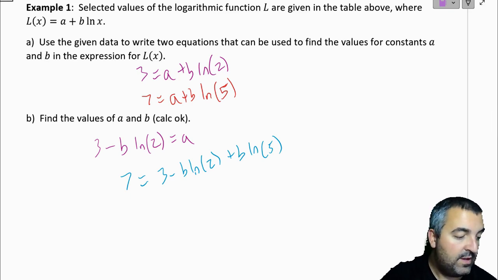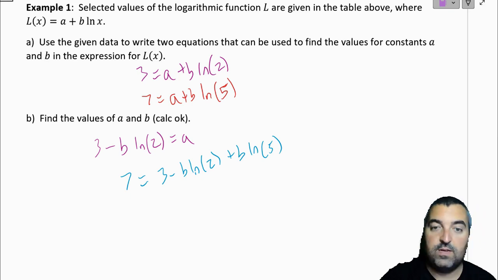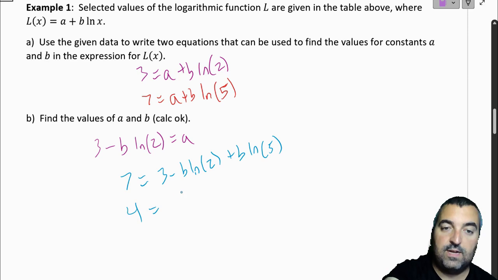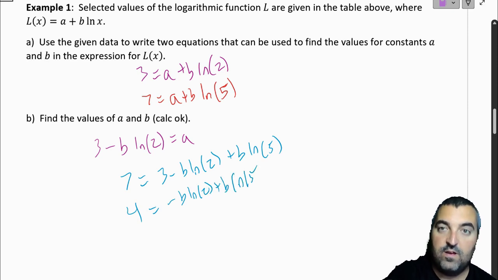We have calculators to help us, but we can start solving this. We're trying to solve for b here. So I'm going to subtract the 3 just to get it out of there, and I have minus b ln of 2 plus b ln of 5. This is why doing this by hand is a little bit more work than just doing the regression.